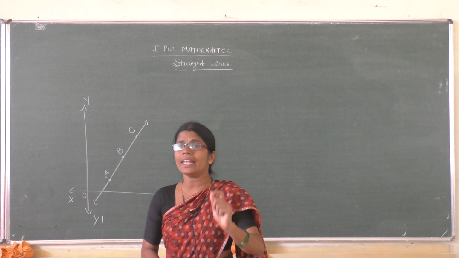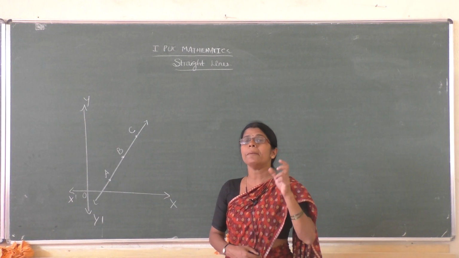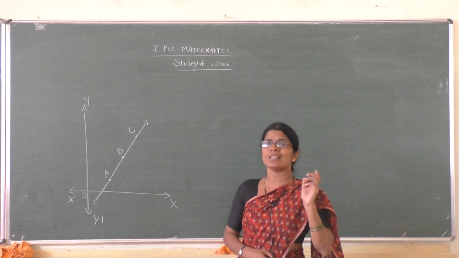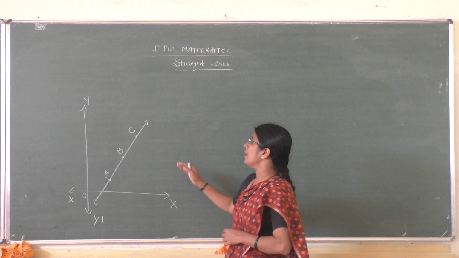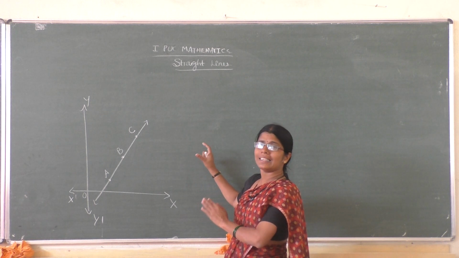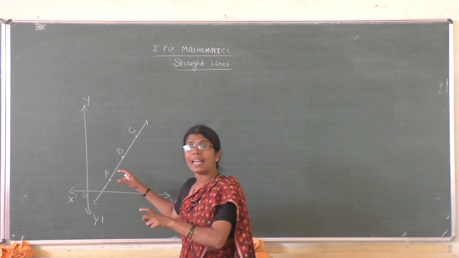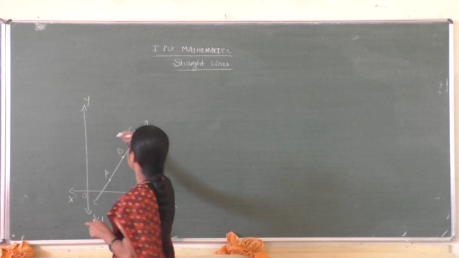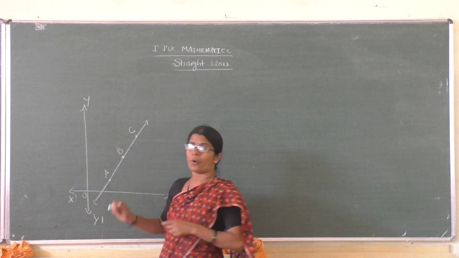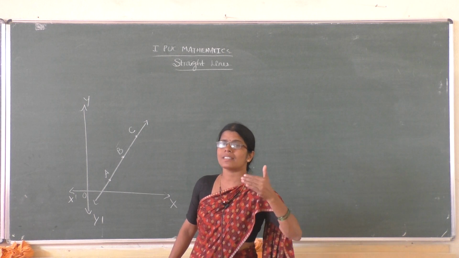We have proved that if any two lines are parallel, then their slopes are equal. So if any two lines are parallel and pass through a common point, then the lines must coincide.